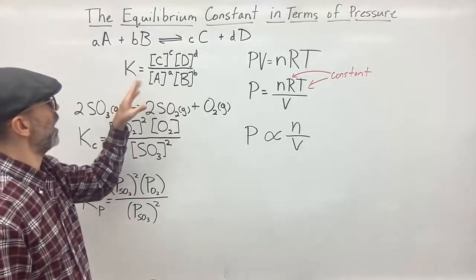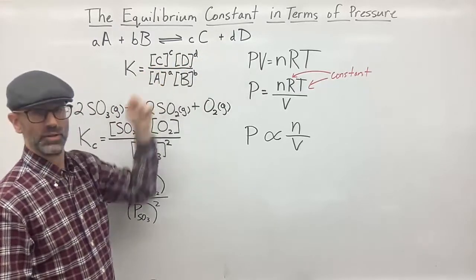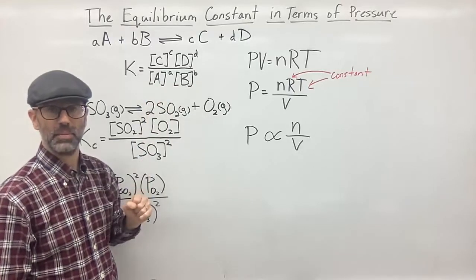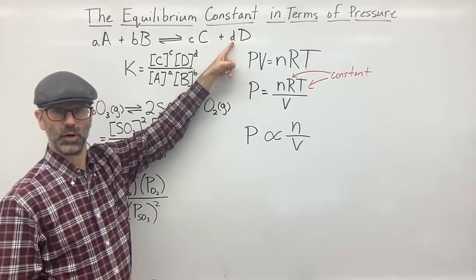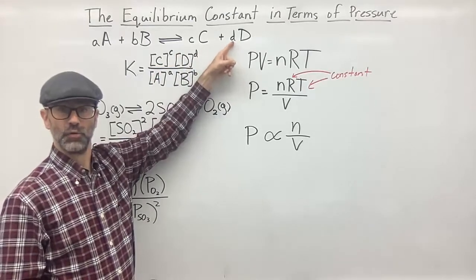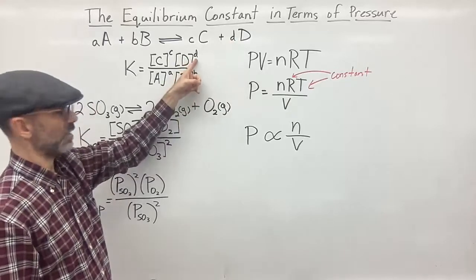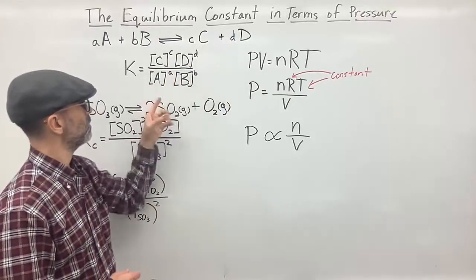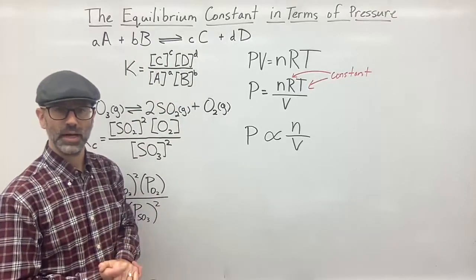So here you have your products, and you have the concentration of the products on the top, and you have the concentration of the reactants on the bottom, and all of them are raised to the power of their coefficient. So the coefficient for this product is little d, so you'll see that that's raised to a power little d, and the same for the others. So this is the way we've been writing the equilibrium constant.